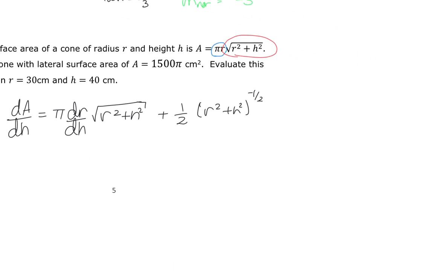And then I'm going to do the derivative of the inner function, which is going to be 2r dr/dh, because I'm doing it with respect to h, plus 2h dh/dh, and then multiplied by my u, which is pi r.